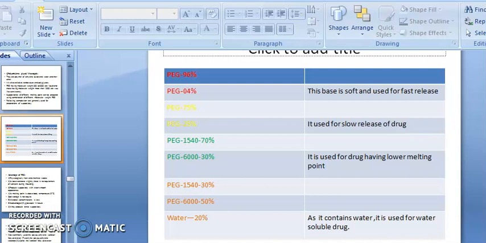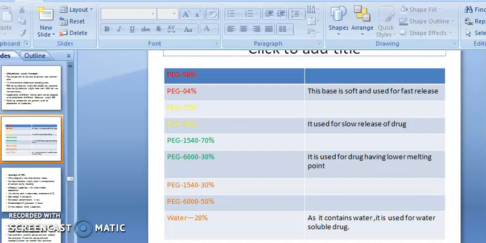Polyethylene glycol 1540 70% and polyethylene glycol 6000 30%. This combination is used for drugs having a lower melting point. For those drugs, you can use this combination to prepare the base. Then polyethylene glycol 1540 30%, polyethylene glycol 6000 50% and water 20%.